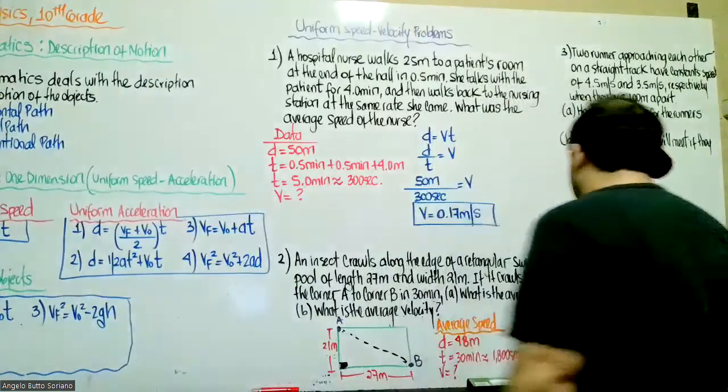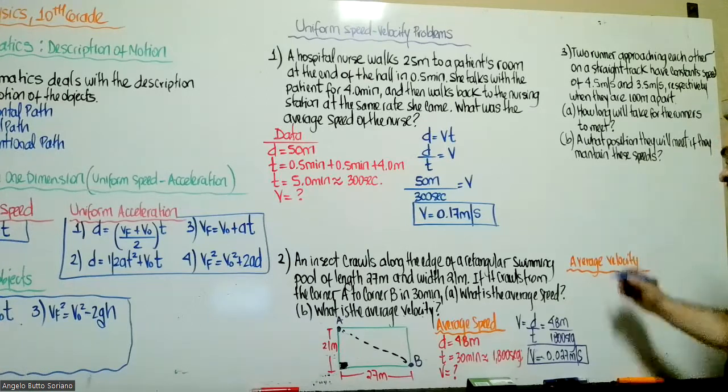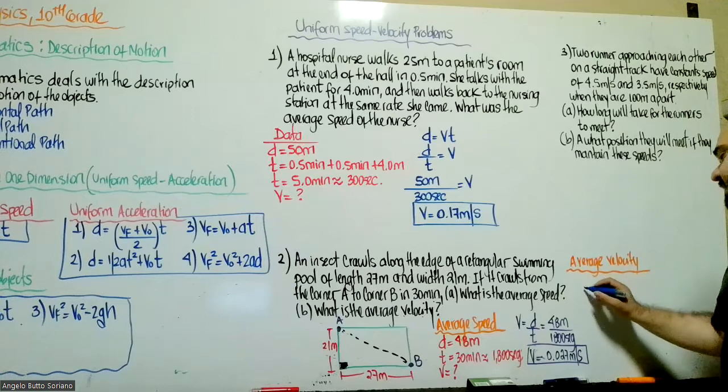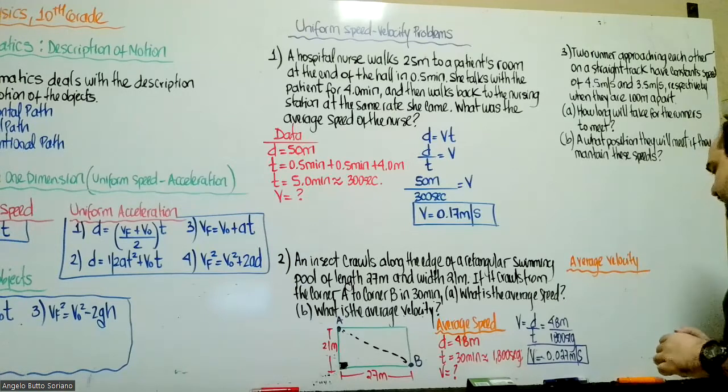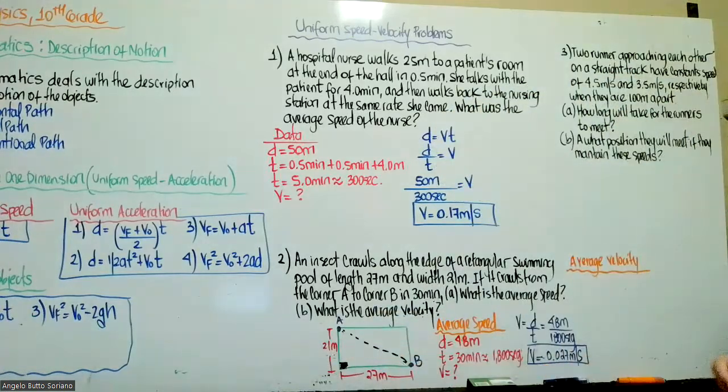Remember, the Pythagorean theorem says C equals the square root of A squared plus B squared. I'm going to write the formula just to remind you.